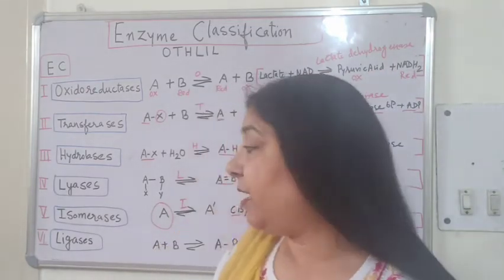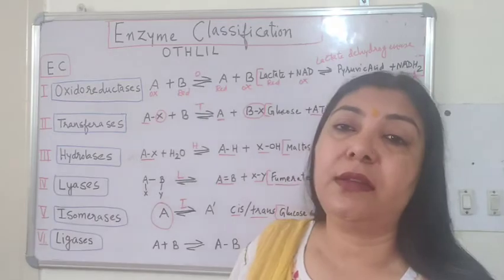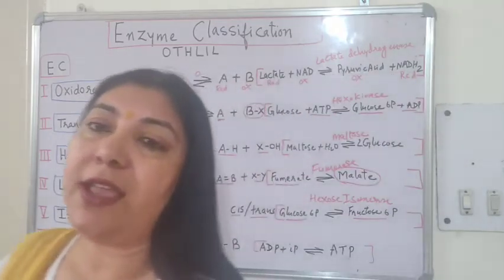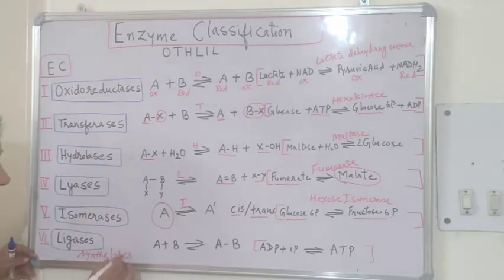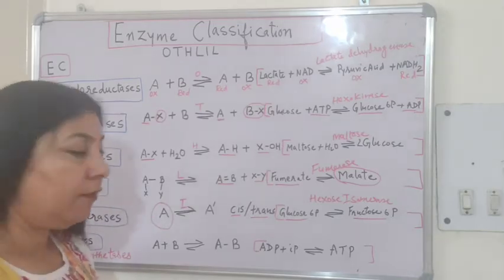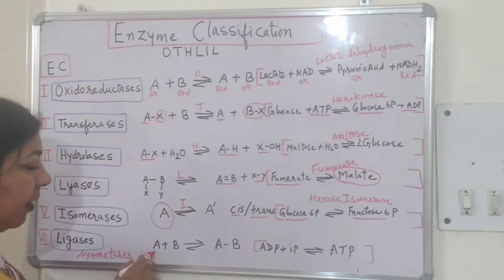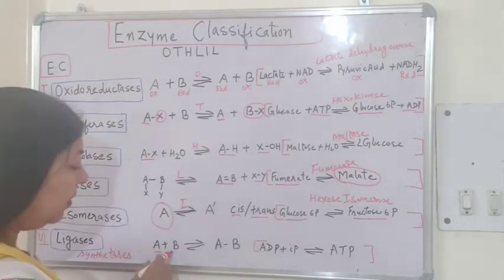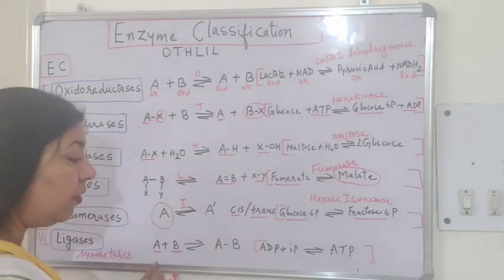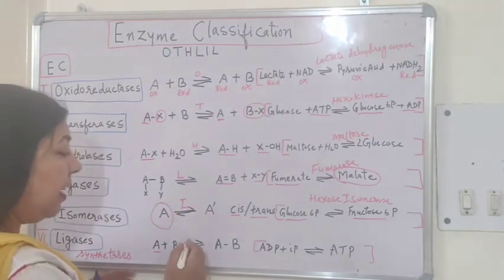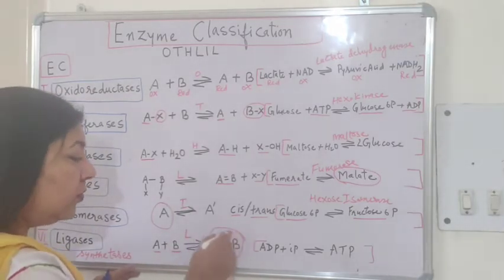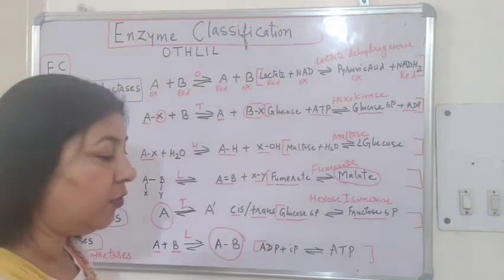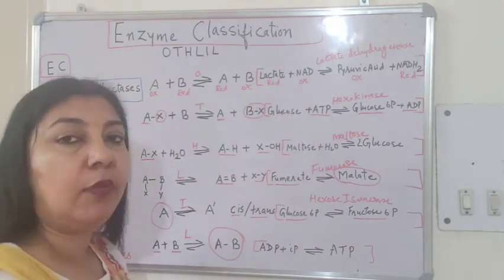And class 6 is ligases. Ligases are also called synthetases. As the name suggests, they are synthesizing big molecules. For example, here A is a small molecule, B is again a small molecule. So in presence of this enzyme, ligase, these two, A and B, will be held together and they will form a big molecule.